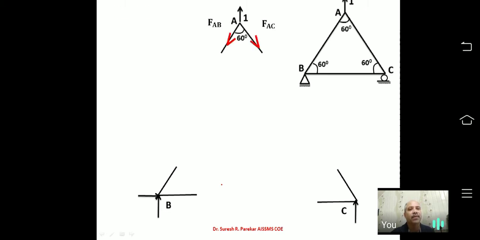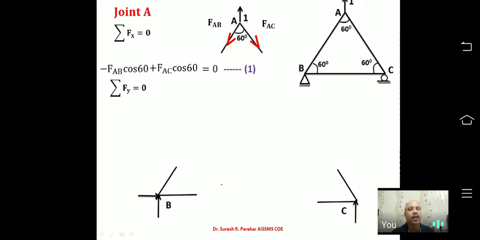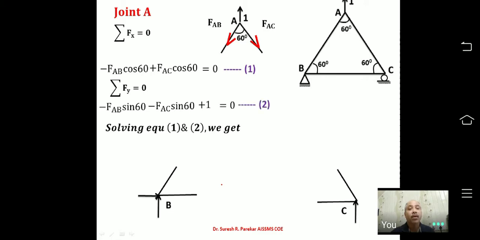Now again in the same way we determine, at joint A we have two unknowns, so we will solve these two equations simultaneously, the same way as we did in the case of horizontal displacement. Here we are going to get both tensile. If you remember, in the case of horizontal, the nature of the forces was the same as for the P forces, but here that nature is going to change.